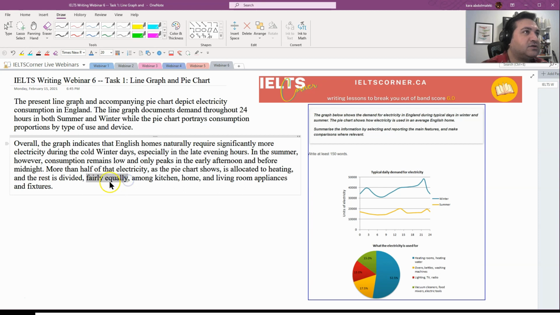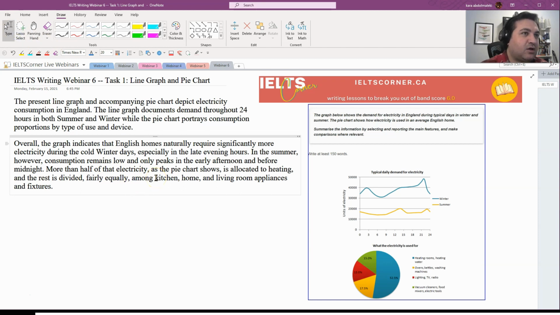Now, why did I say fairly equally? The reason is because here this is 15 and this is 15, but this is 17. So I don't want to say exactly equally because that's not really true. So I say fairly equally. Good.